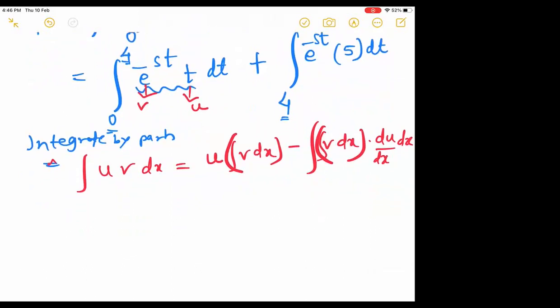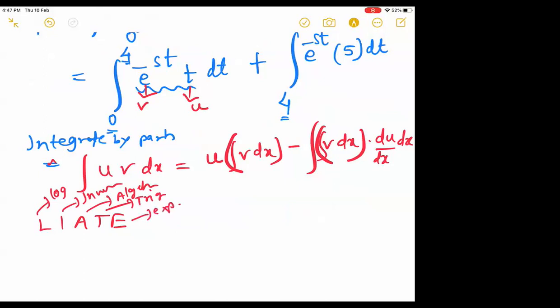Now the question is which function you will keep as u and which as your v function. So the choice is very, very important, and that choice is made through this LIATE form, if you remember. Log, inverse, algebraic, trigonometric, and exponential.